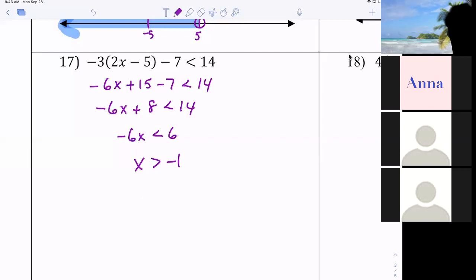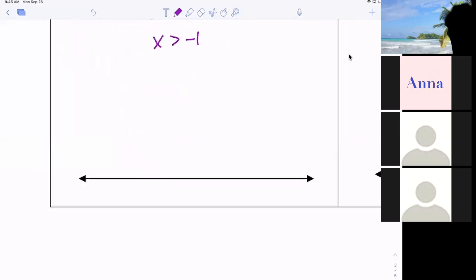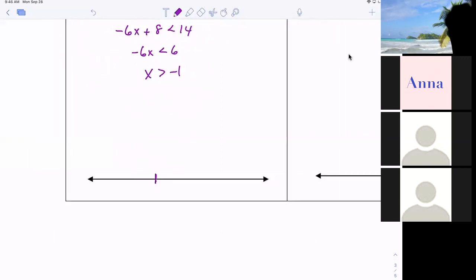Anybody have any issues with x is greater than -1? All right, so now we go greater than -1. Here is -1. Here is 1. Solid or open? Open. Going in which direction? To the right. Now some of you are learning.